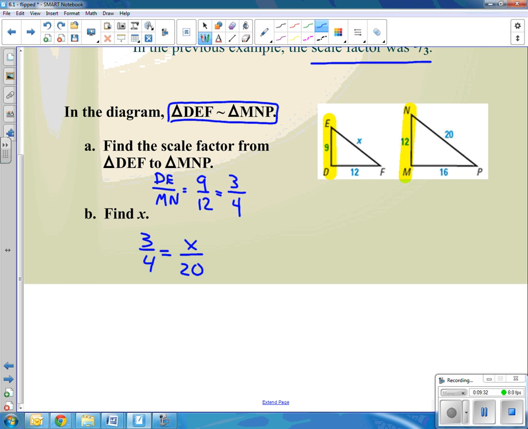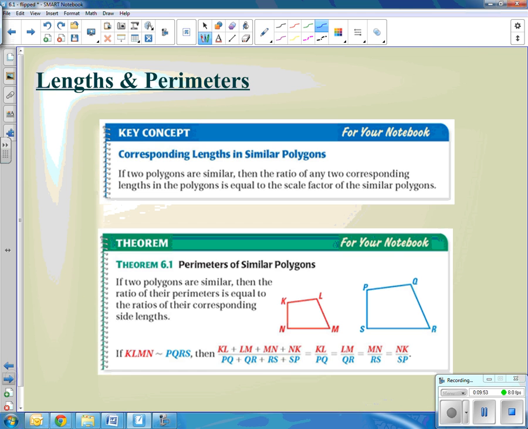So now I can cross multiply. 3 times 20 equals 4 times x. So 60 equals 4 times x. Divide by 4. And I get a value of 15. So x equals 15 gives me my one missing side length.